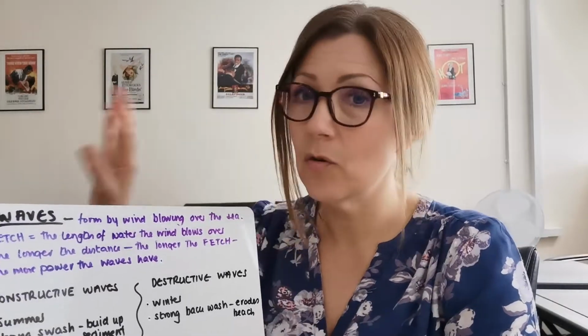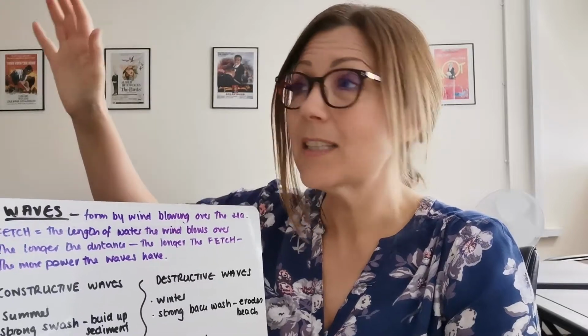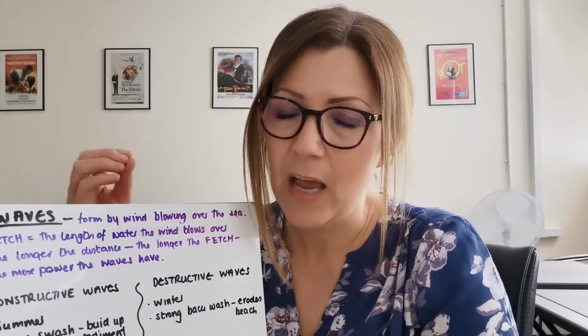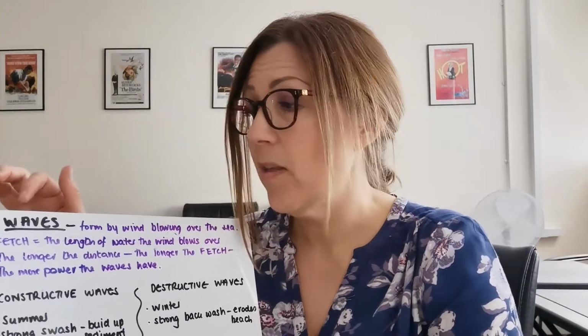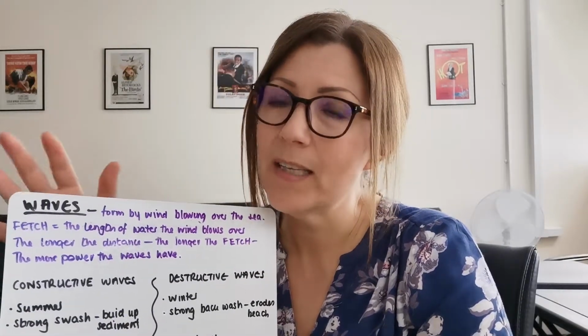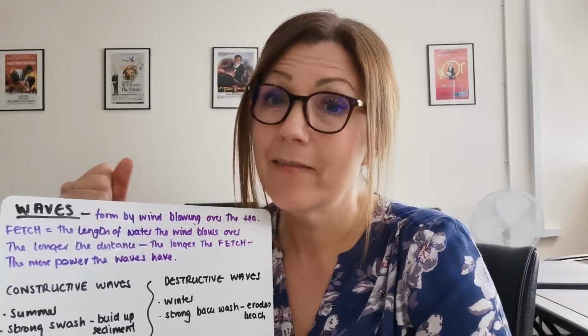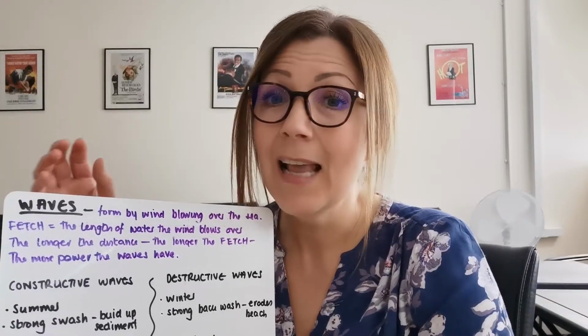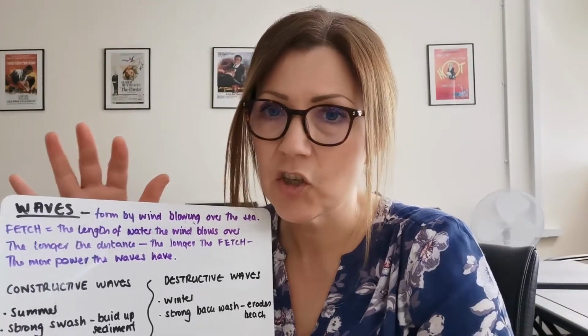And in the winter time, when we get most of our wind from the northeast quite often, that's quite a large fetch for those winds to come southwards, and they batter the eastern side of the UK with lots and lots of energy. So that is quite a long fetch, and that's where most erosion happens during the winter.